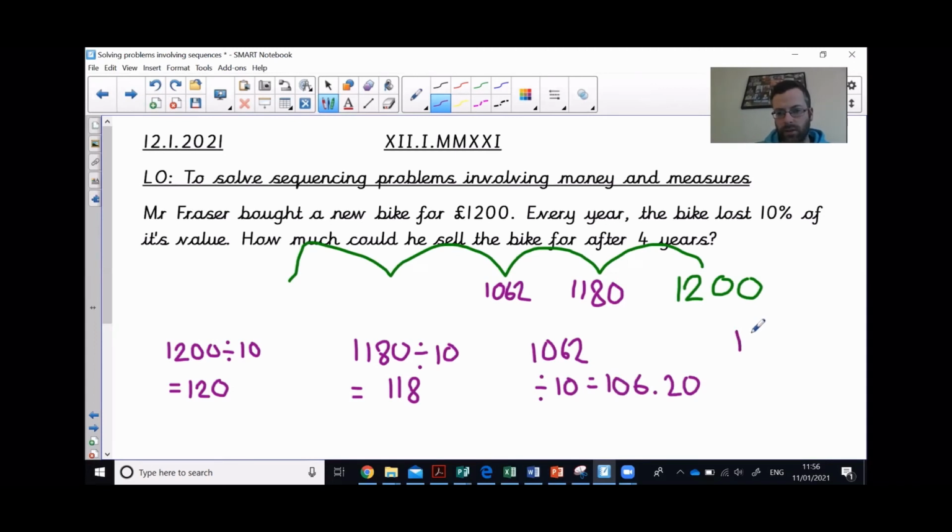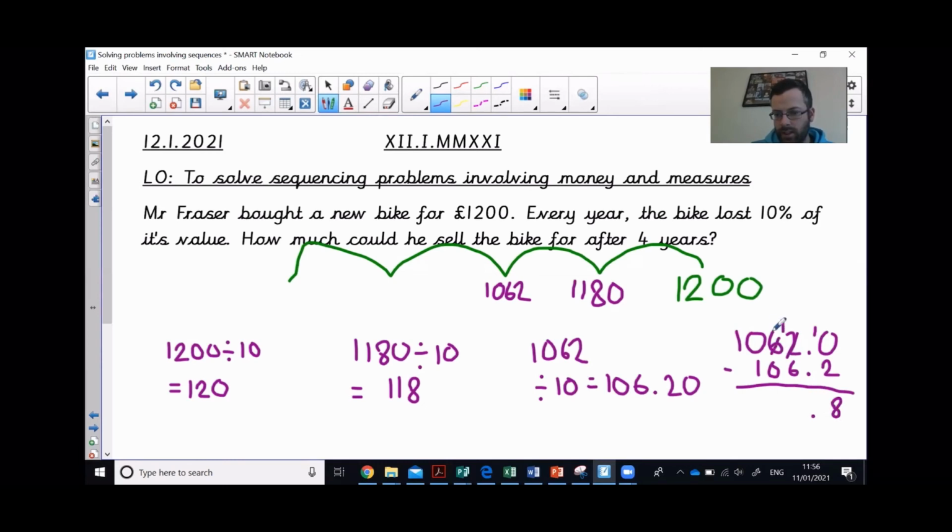I'm going to use a written method. So 1,062, put in my decimal point. Take away 106.2 is going to equal. So 0 take away 2/10 I can't do, so I need to do some exchanging. So that's going to be left with 1 whole. So I'm left with 8/10.